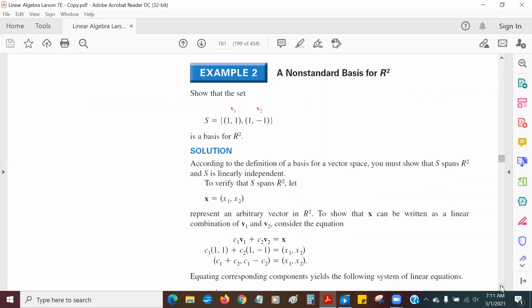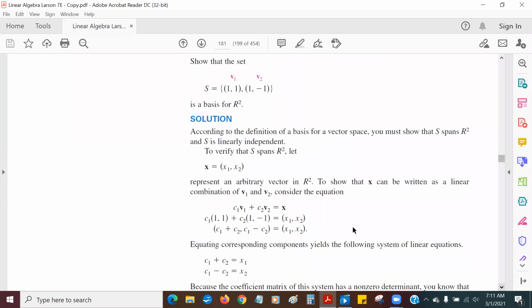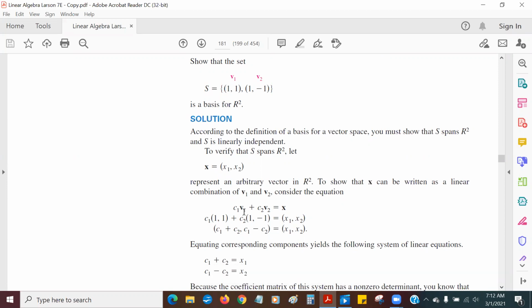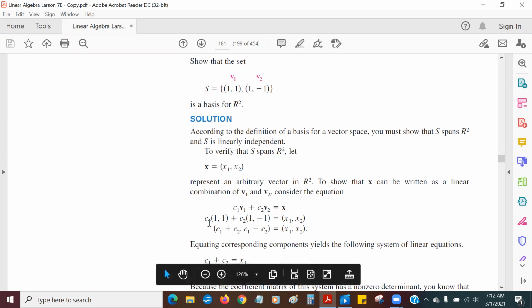Here's what we need to do. We want to find constants C1 and C2 so that C1 times vector 1 plus C2 times vector 2 is equal to this vector X. It won't even matter what the vector X is. So we get C1 times (1, 1) plus C2 times (1, -1) equals (X1, X2).